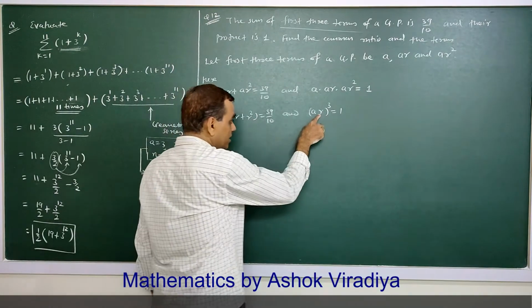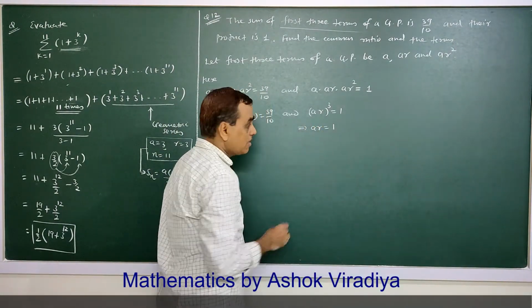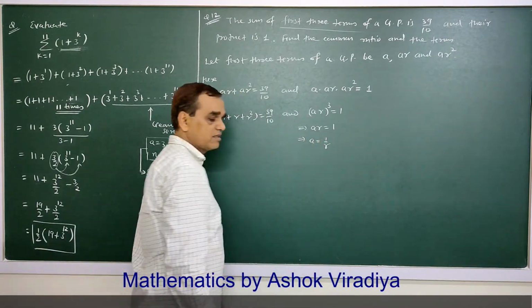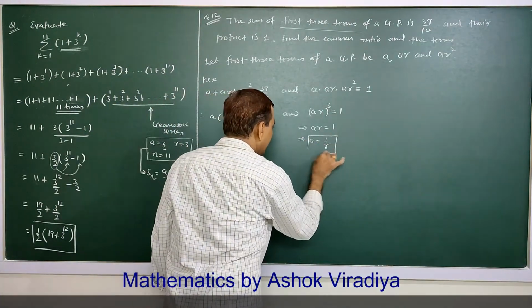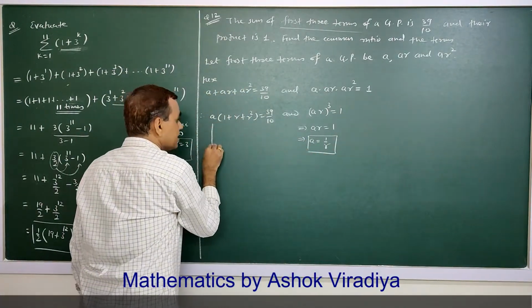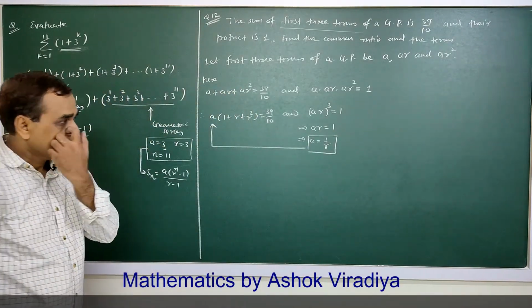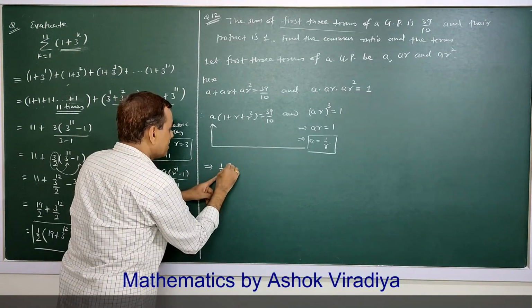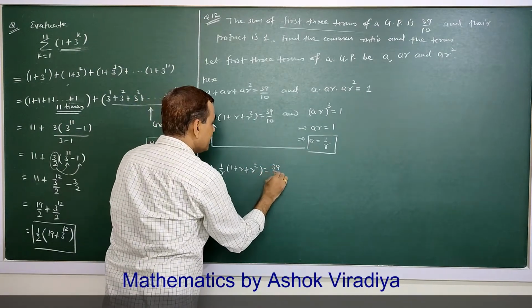From this equation we can say that AR is 1. That means A is 1 by R. This value I am forwarding in this equation. So putting A as 1 by R into 1 plus R plus R square is 39 by 10.